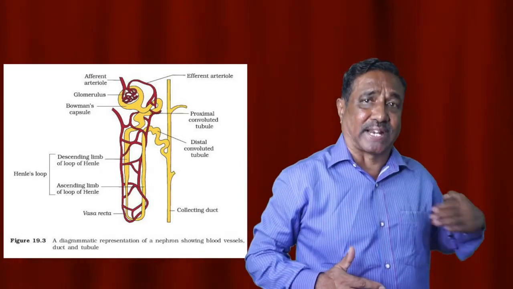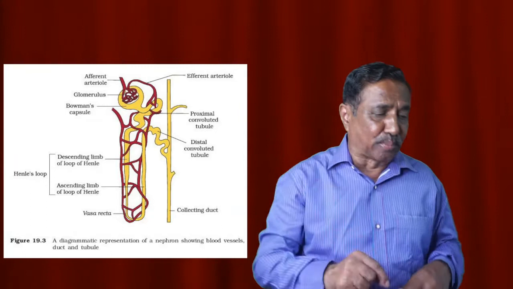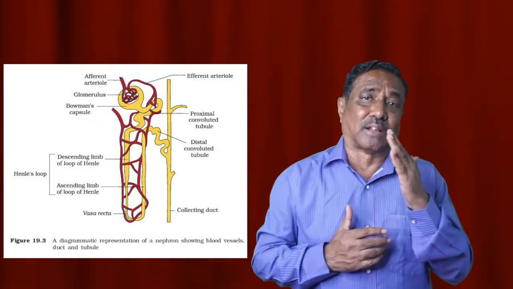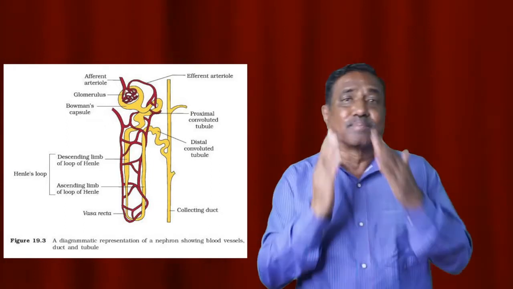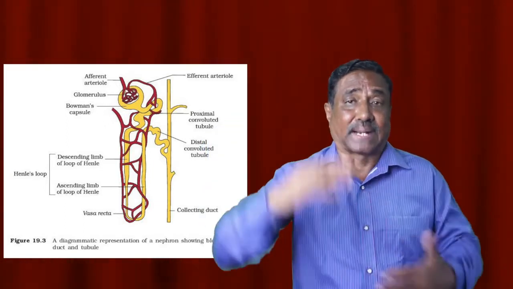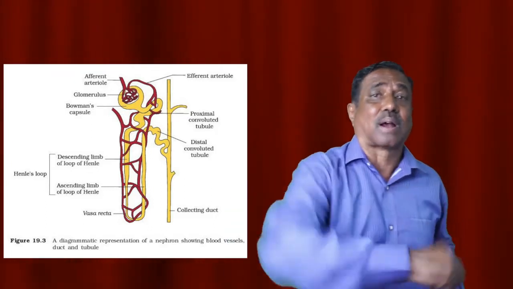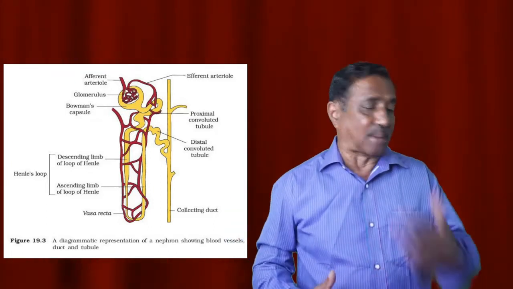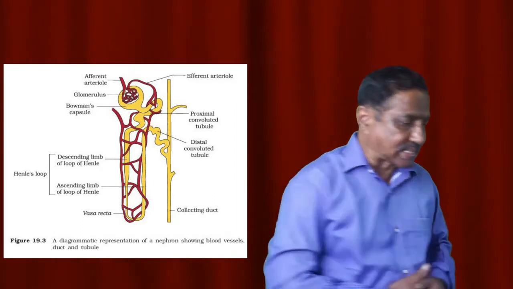Later it forms a renal vein, but peritubular capillaries of the vasa recta can also be seen. The blood capillaries around the loop of Henle are called the vasa recta; they form the peritubular capillaries.